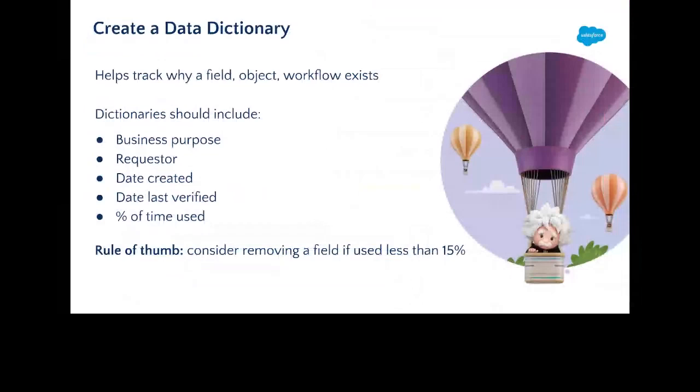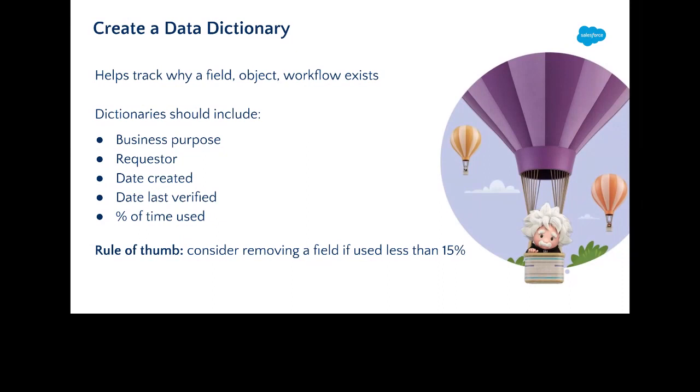The next thing that you can do is create a data dictionary. That's a very important thing if you want to keep track of why a field, object, workflow, or any automation exists. The dictionary can be in Jira or any other software to track all of that. You can still use Google Sheets or Microsoft Excel spreadsheets to maintain the dictionary.